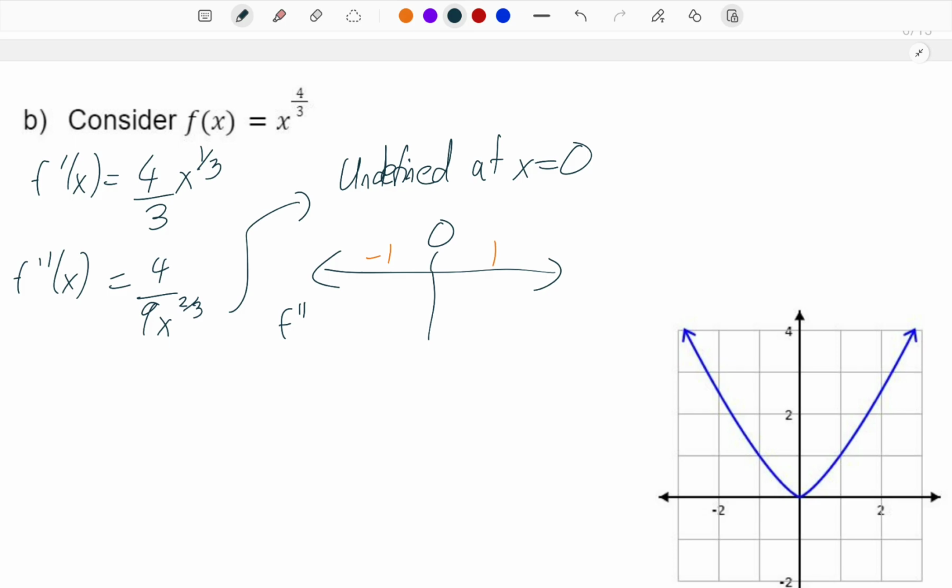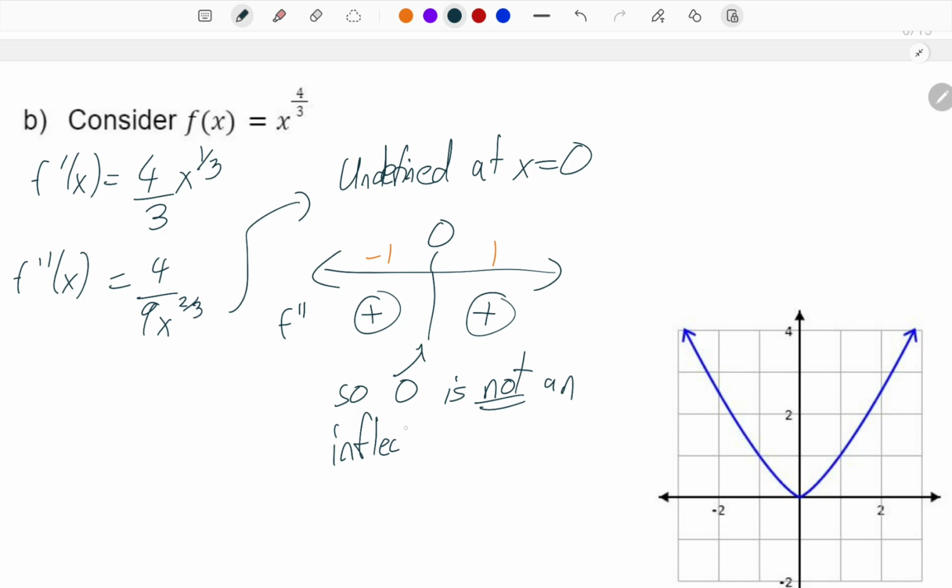It's fraction 2/3, but the 2 in that exponent is essentially going to take away any negatives. It's like squaring something. So actually, it's going to be positive no matter what because of that squaring. And so because it's positive everywhere, your concavity is not changing. So 0 is not an inflection point.